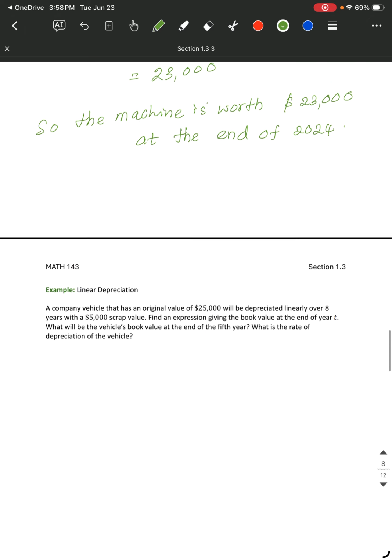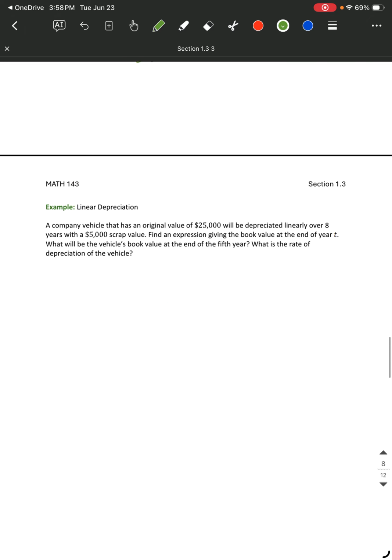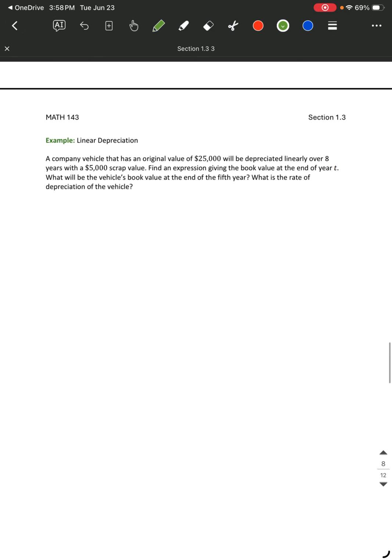Okay, then let's move to the next example. The linear depreciation again. A company vehicle with an original value of $25,000 will be depreciated linearly over 8 years with $5,000 scrap value. So let's get the information.